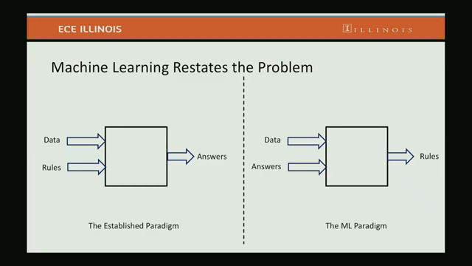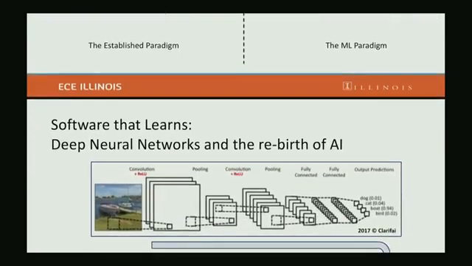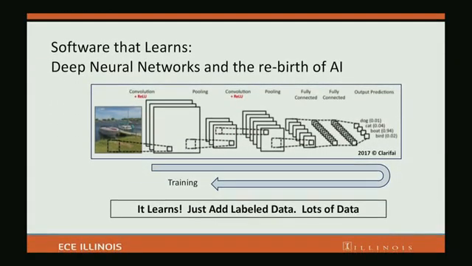Now, if I take a look at a full system, here's an example. There's so many of them. Maybe I've got a picture, and what I'm trying to do is figure out in that picture, is there a dog or a cat or a boat or a bird?